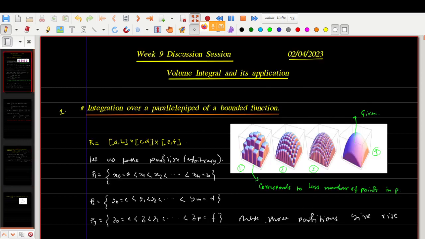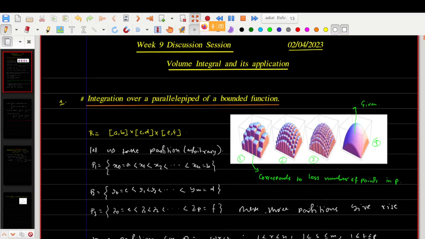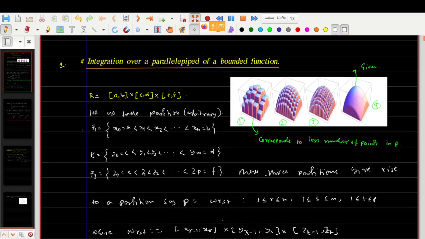And everything will be clear if you look at the picture, because here the given region is the last one, the fourth one, and 1, 2, 3 are nothing but approximations of the graph by upper sum and lower sum, as in usual Riemann integration. The only thing is that here the number of variables is 3.